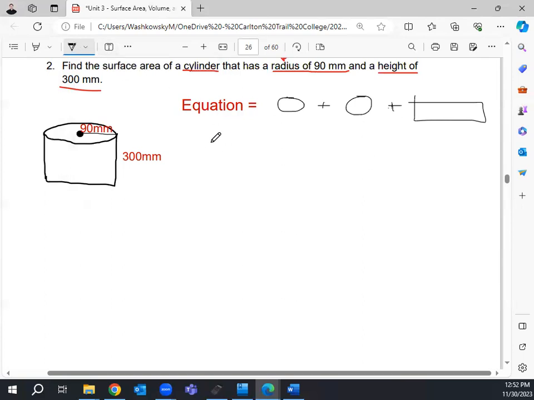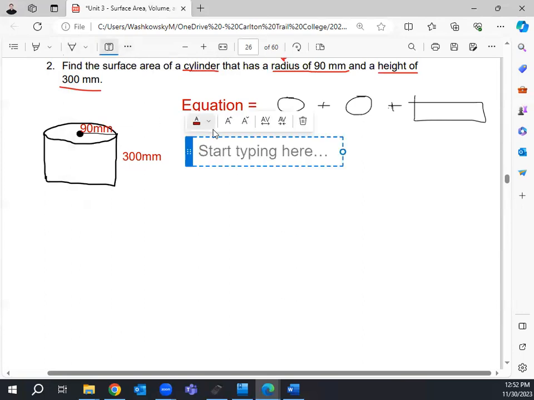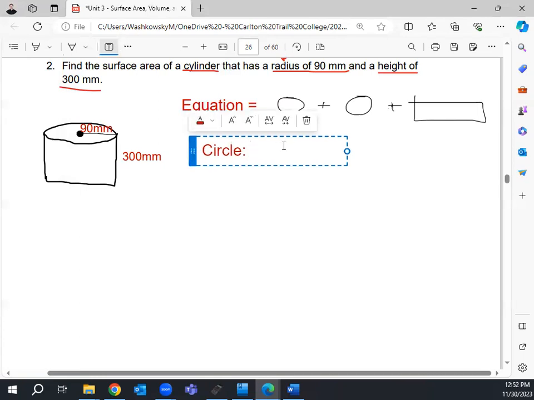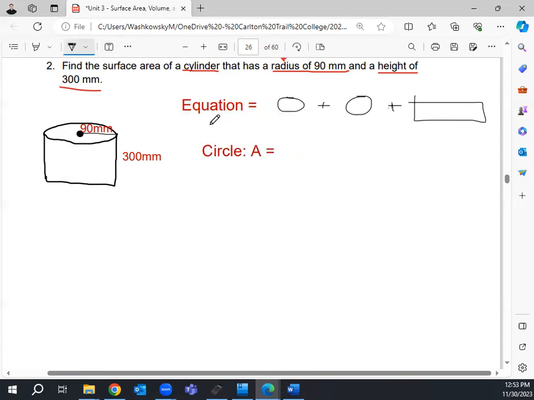So let's start with my circles, because that's just the first thing I see there. So the formula for the circles was? What's my formula for a circle? Yeah, pi times r squared. So pi r squared.